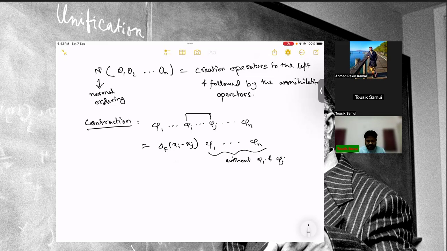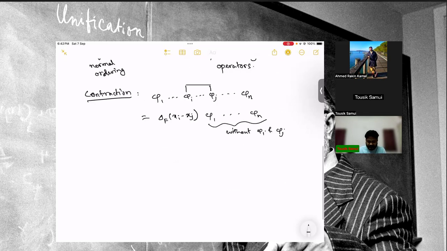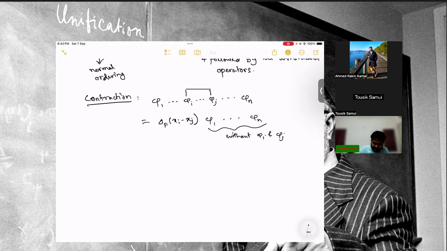With these three things, we stated that the time ordering of phi 1 to phi n can be written in terms of the normal ordering, which is useful when we do the computations, as the normal ordering of all the operators and all possible contractions.